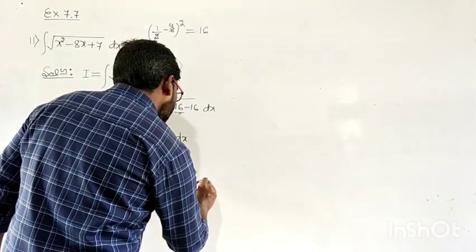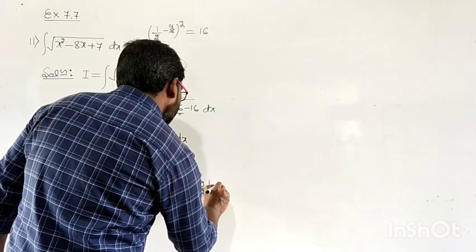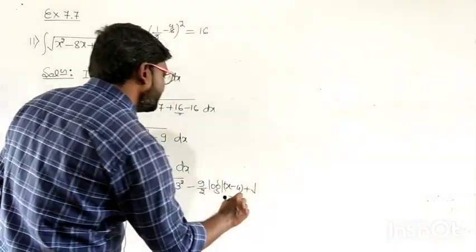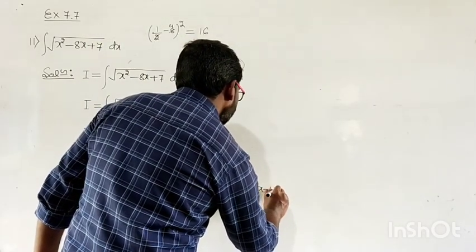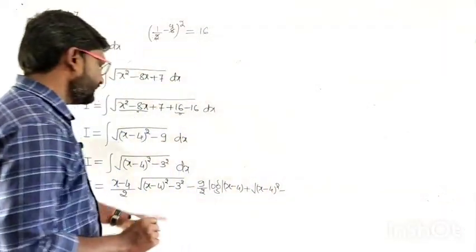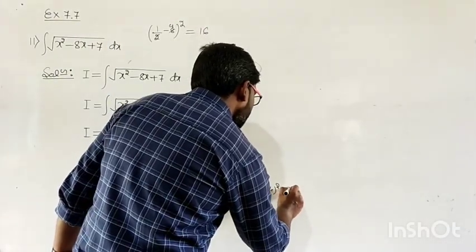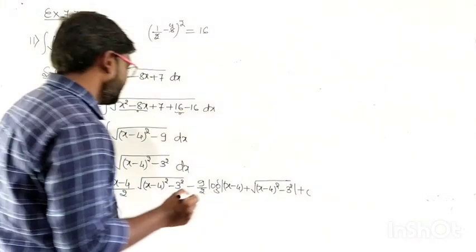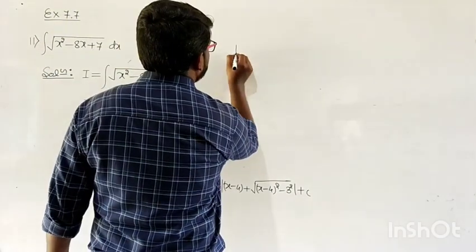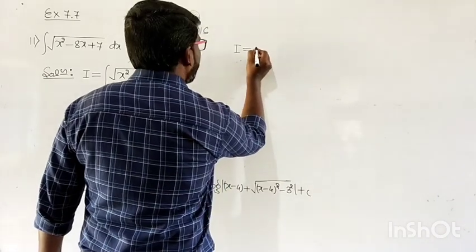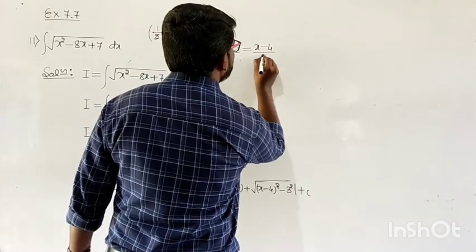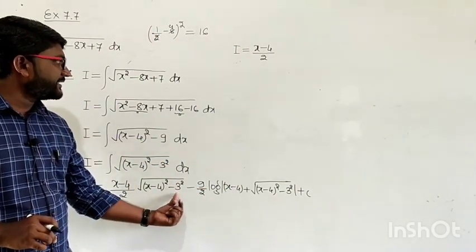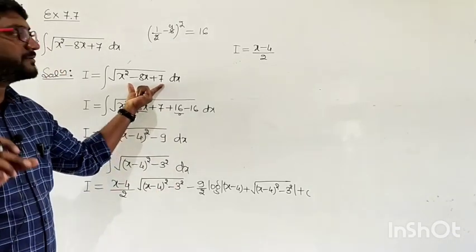A square value it is 9. So it is 9 by 2 log mod x minus 4 plus square root of x minus 4 the whole square minus 3 square mod complete plus c. Then in the next step I is equal to x minus 4 divided by 2, then under root x minus 4 the whole square minus 3 square can be written as x square minus 8x plus 7.